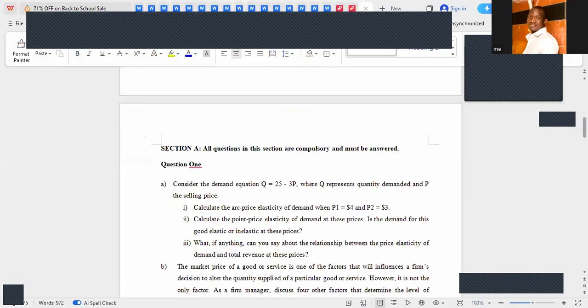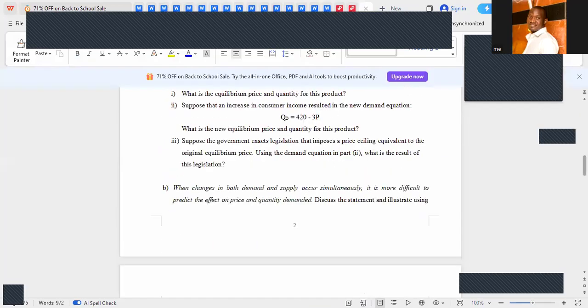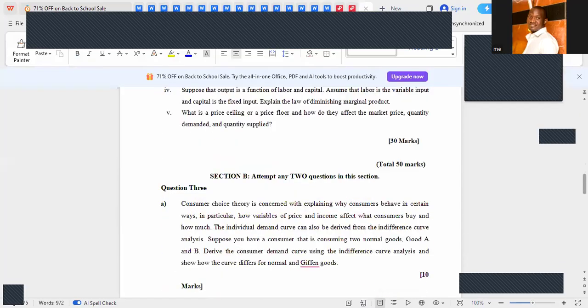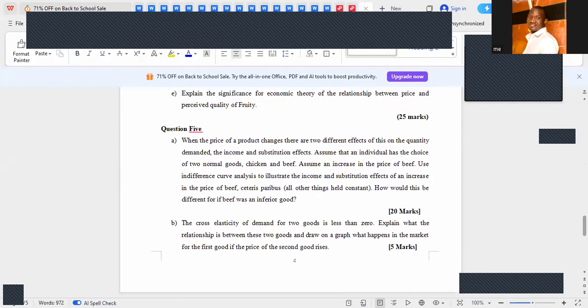Okay, so is there any question to do with maximization.